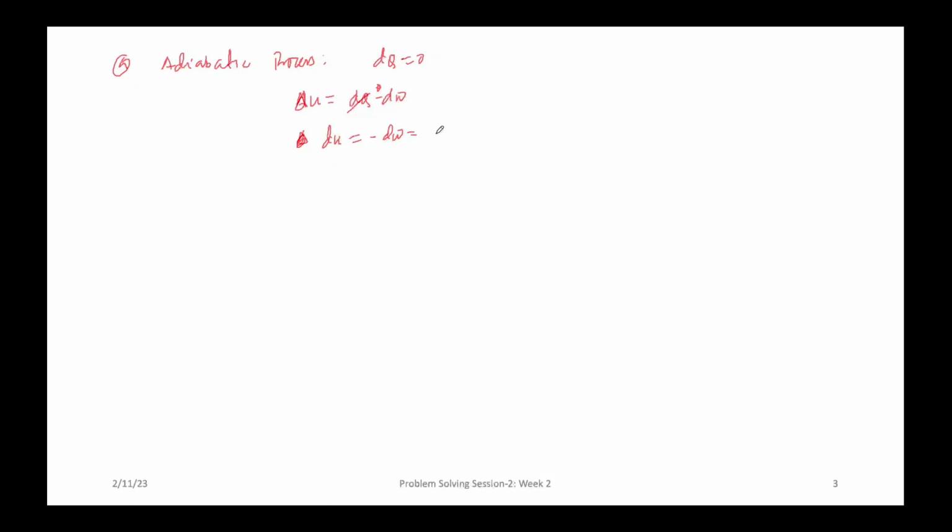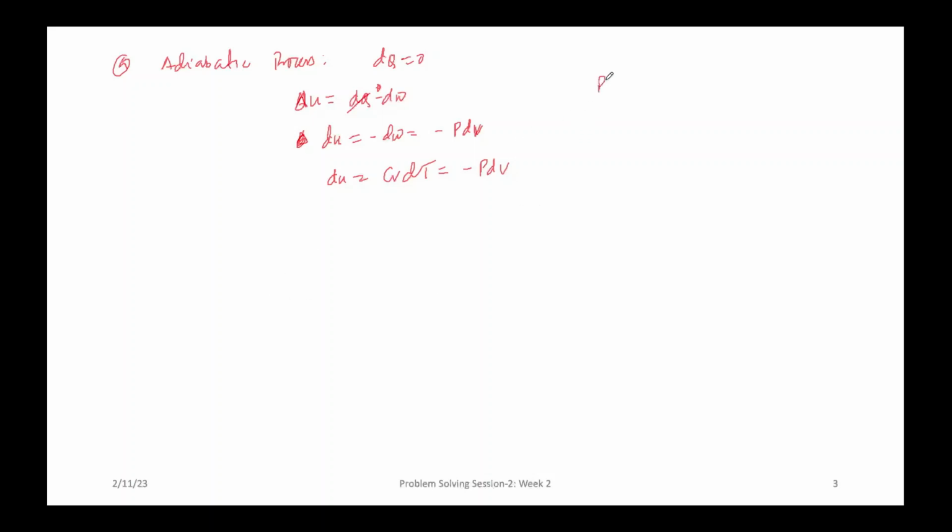So we can write that dU is equal to Cv dT minus PdV.